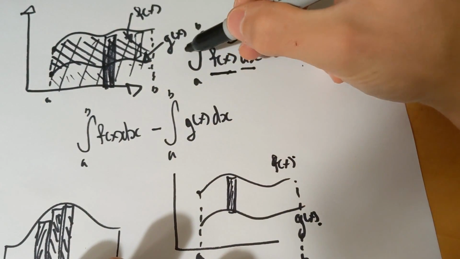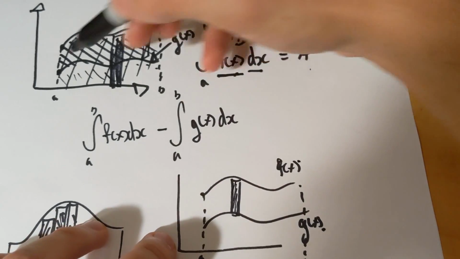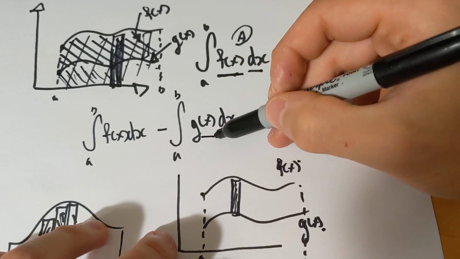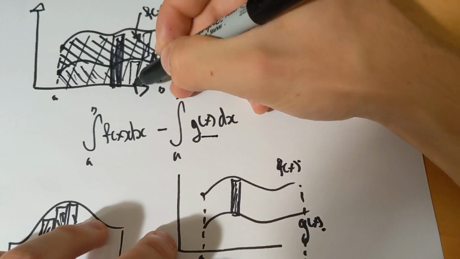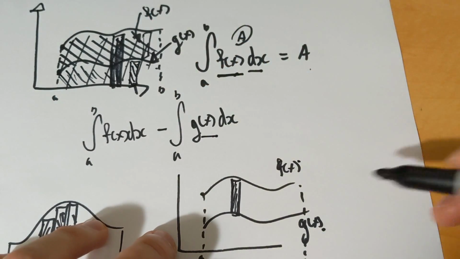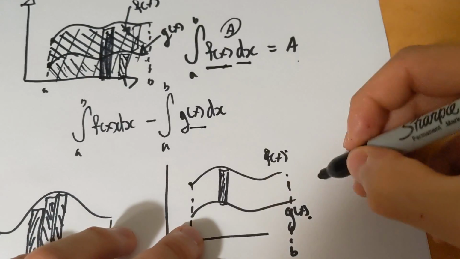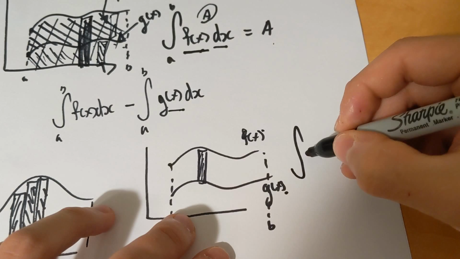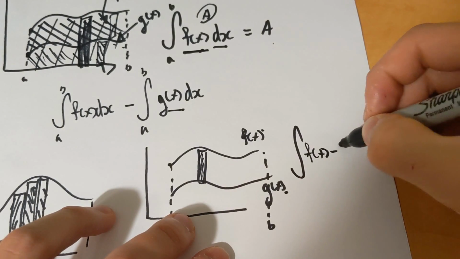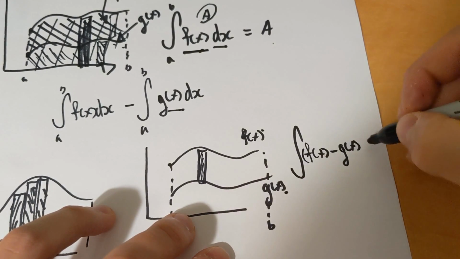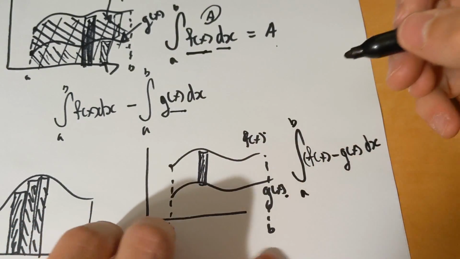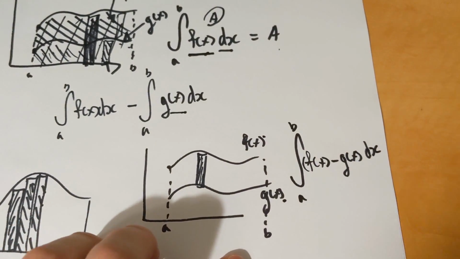Here, under g of x, so if we were just finding the area underneath g of x, right here, the height of this rectangle was just g of x. But here, in between the two curves, okay, the height of one rectangle is f of x minus g of x on the same interval, because that's where the rectangles are being added up on from a to b.